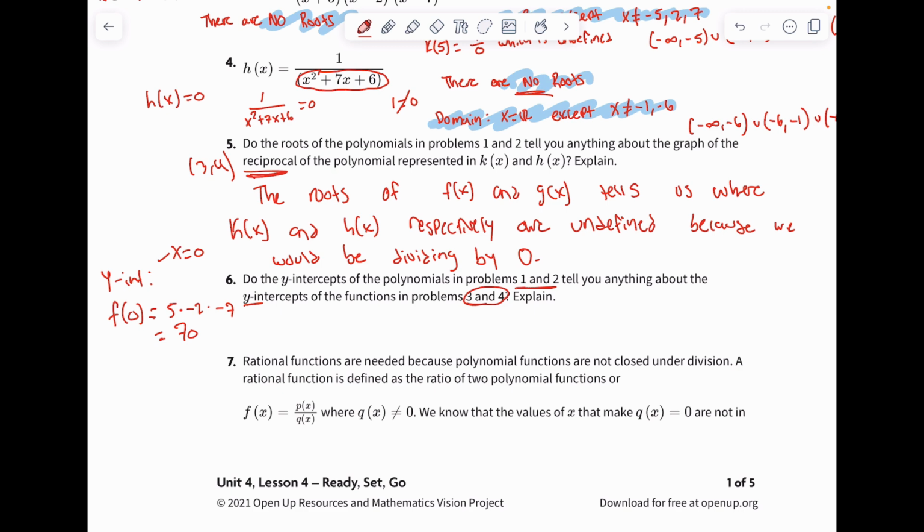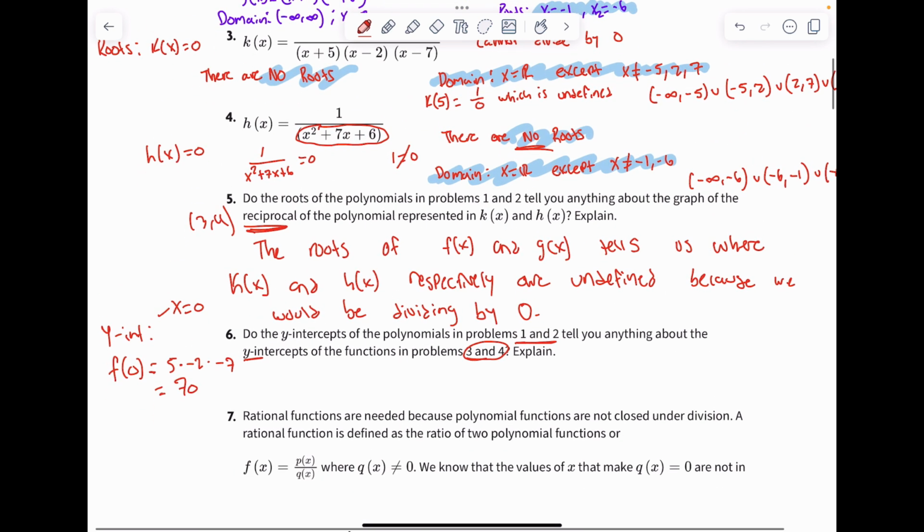And then for k of x, k of 0 is equal to 1 over 70, right?